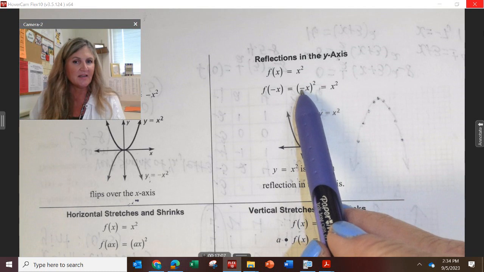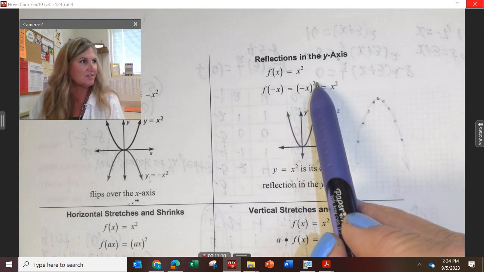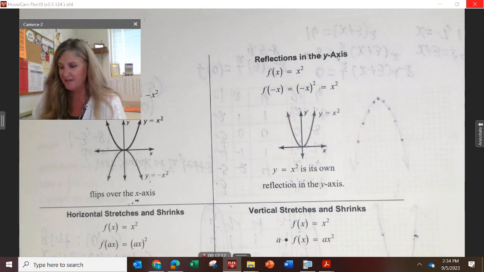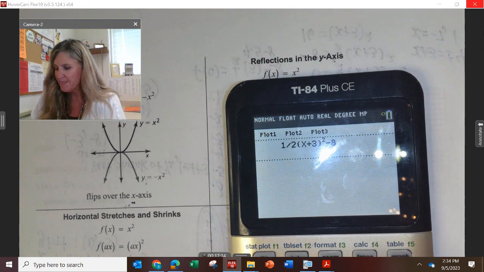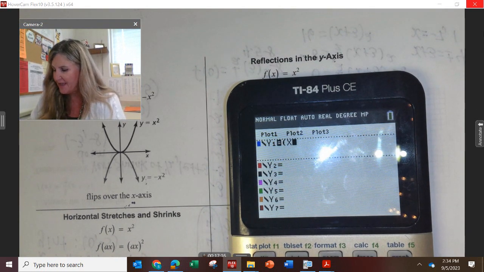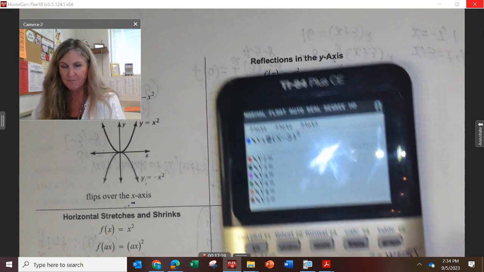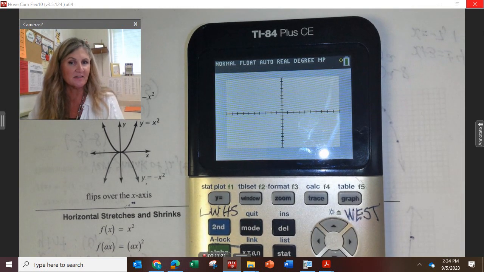So what this is saying is, what does a negative squared turn into? A positive. But I want to show you something else. Let's say I have a function like (x minus 3) squared. So this function looks like this. It's going to be a shift to the right 3.